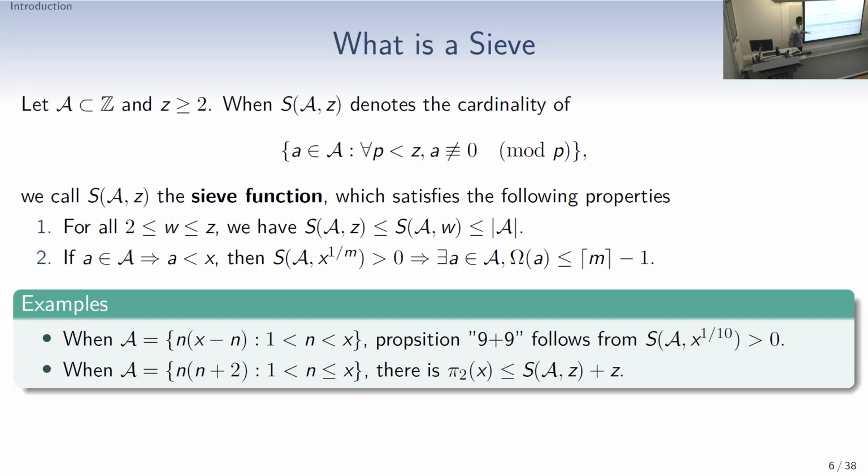And if we set up A like this, then we can use this function to study the twin primes. This inequality is essentially giving an upper bound to the number of twin primes less than or equal to x. And this is the starting point where Brun proves that the reciprocal sum of twin primes converges.